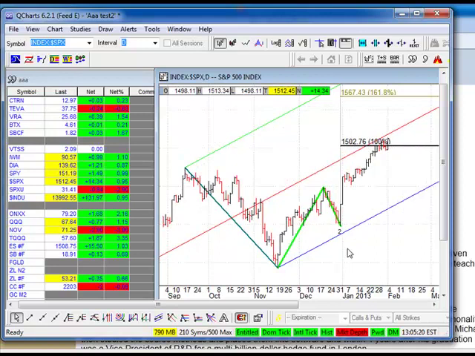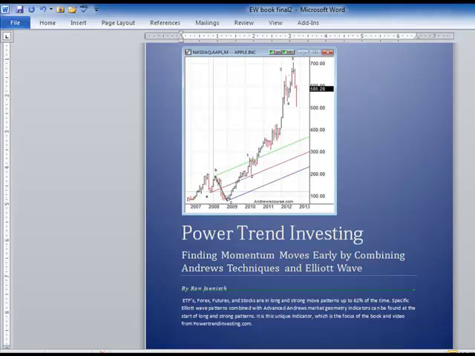Now, Elliott wave says that markets generally go through 5 or more waves, so the theory is that you have 1, 2, 3, 4, 5 waves or more in a thrust direction, and you have 3 or more waves that are counter trend in the counter trend correction, when the market is just kind of messing around, going sideways, or going back a little bit. And the name of the game, in order to do power trend investing, is to find pivot number 2.